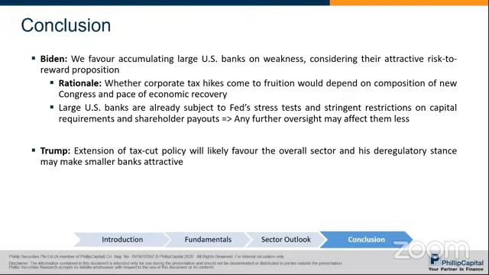So any further oversight may actually affect the smaller banks more, as compared to the larger banks. Of course, with a Trump win, the whole financial sector will cheer a Trump win, right? Because with a tax cut and also his deregulation stance, ultimately it will favor the whole sector itself.